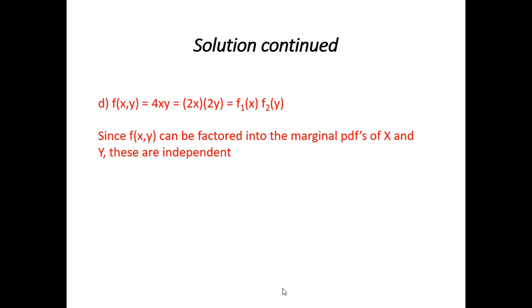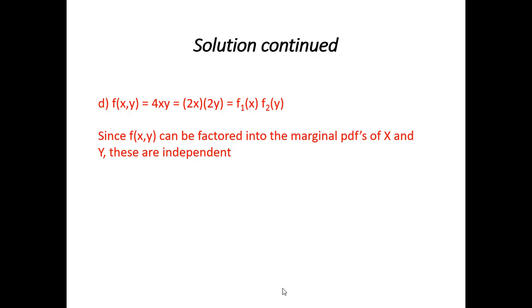Finally, we entertain the question, are the random variables x and y independent? What we need to do is see if we can factor f of xy into two PDFs, in particular the two marginal PDFs.